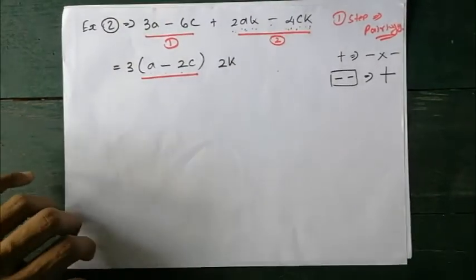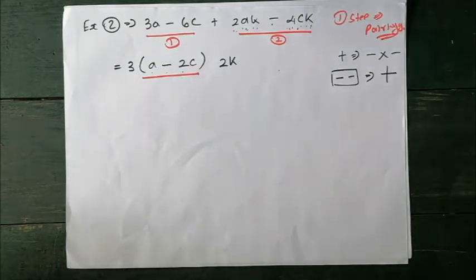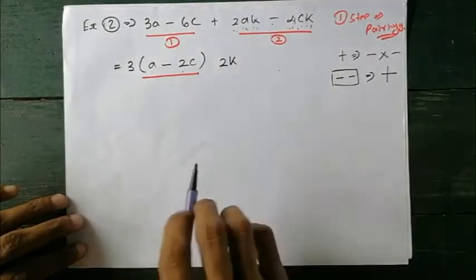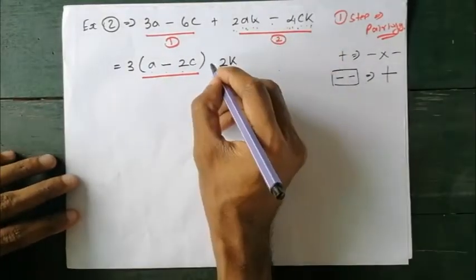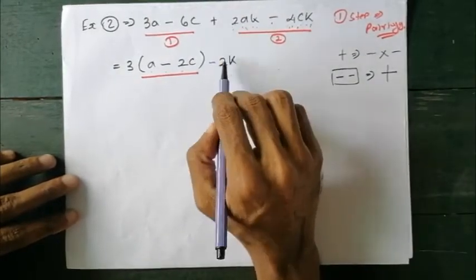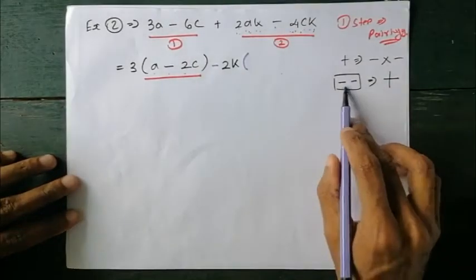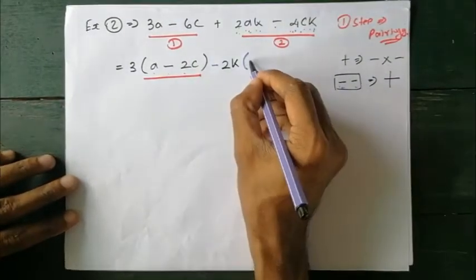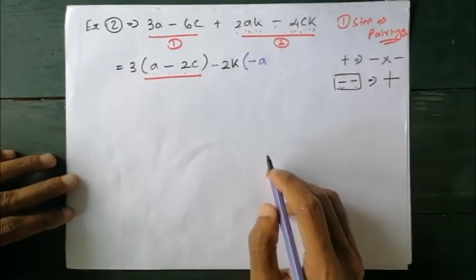But remember that if you take minus, the second answer will not be the same. So I am writing with a new color pen. If you take the minus as common, you take minus 2k. So 2k, the remaining is: from positive you take a minus, so another minus is remaining, and you have a remaining.